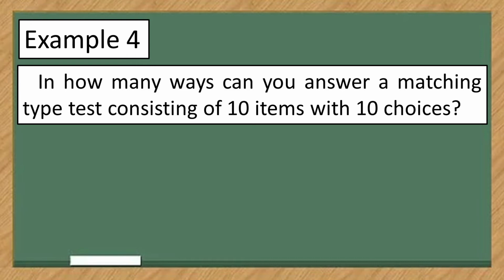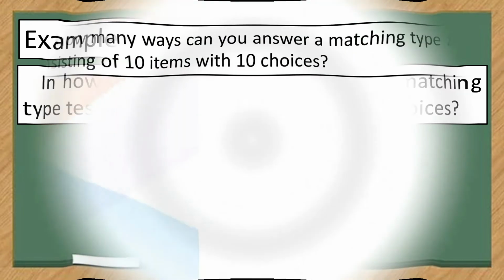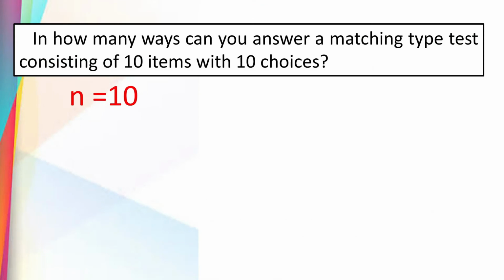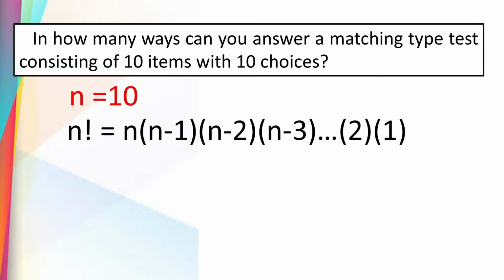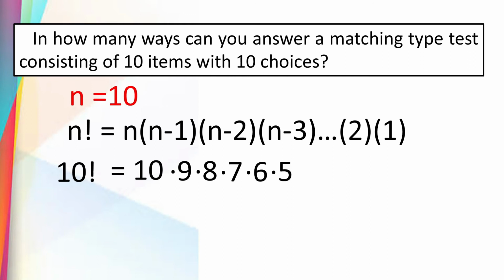That is, there are no repetitions in your answer. Since there are 10 choices, n is equal to 10. Applying the formula, we have 10 factorial equals 10 times 9 times 8 times 7 times 6 times 5 times 4 times 3 times 2 times 1.